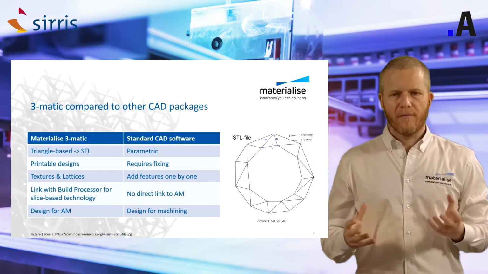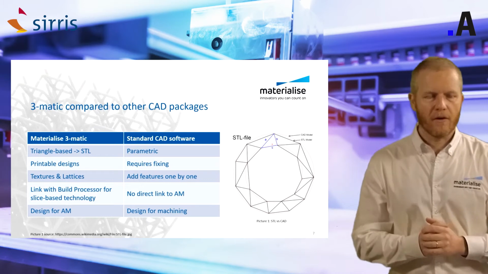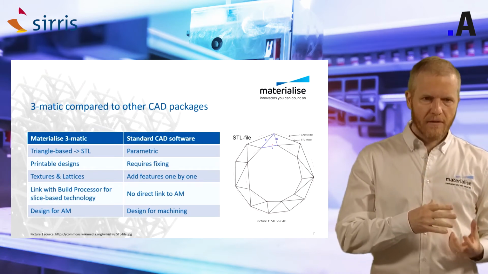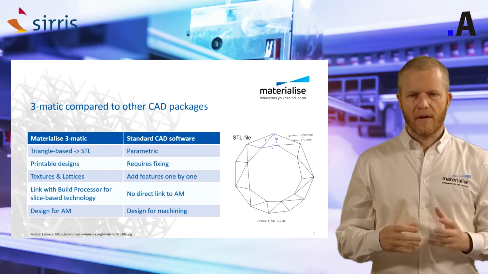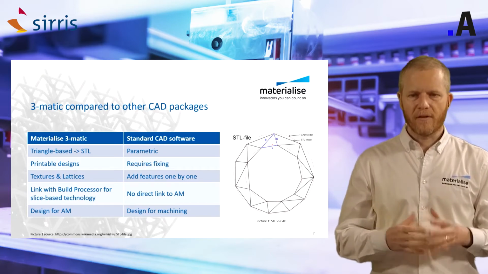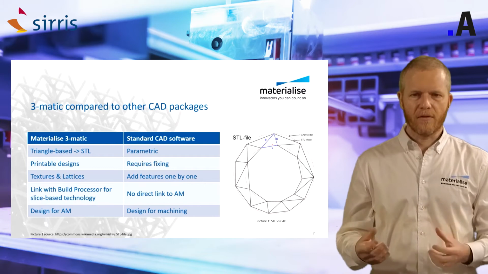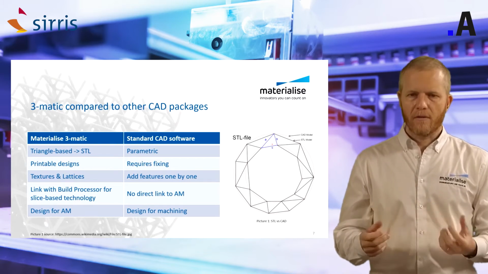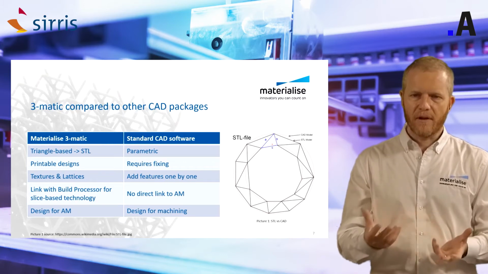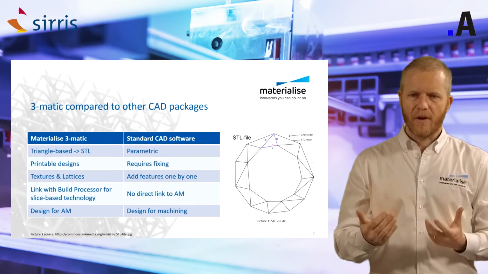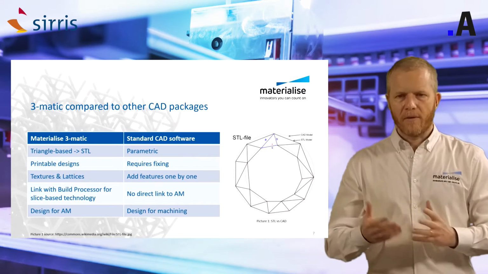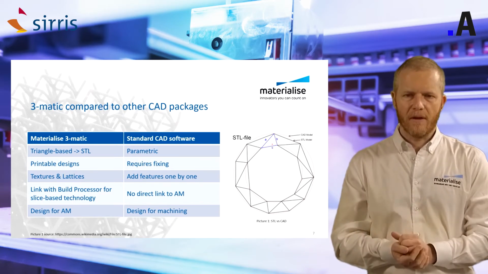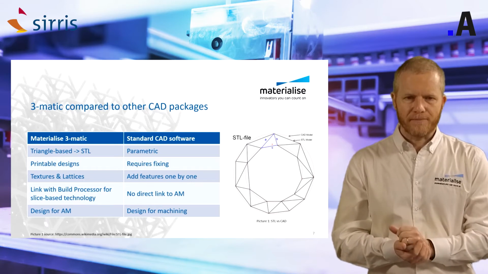The difference between Chromatic and a CAD package. As I said, in Chromatic, we are always working in a representation of the geometry that is compatible with 3D printing. So we are always working with triangles. The representation of the geometry internally in Chromatic is triangles, as you may already know, so STL files, which are necessary to print the parts.